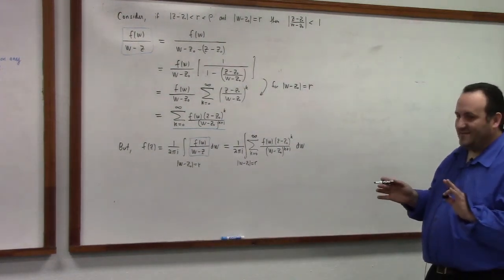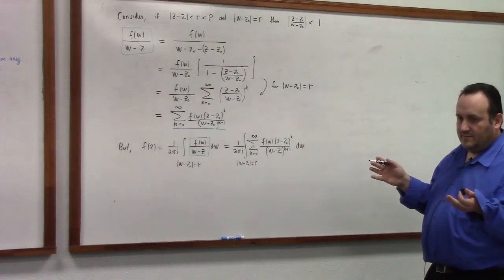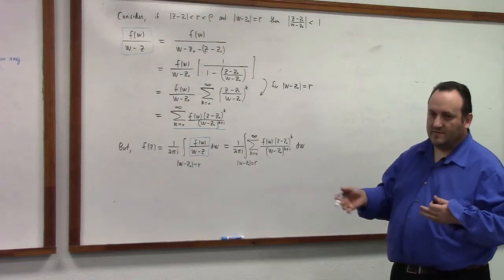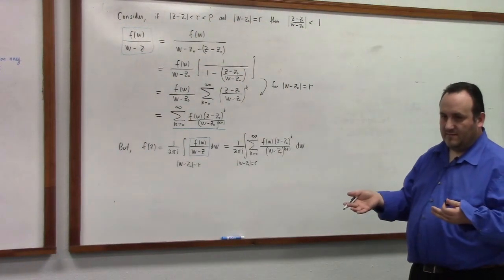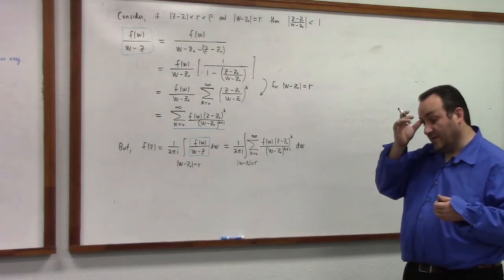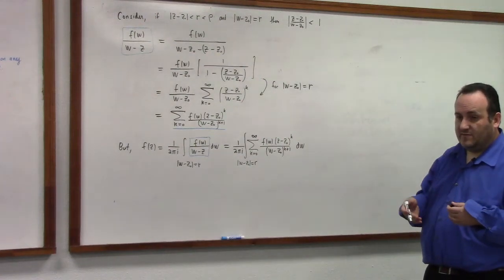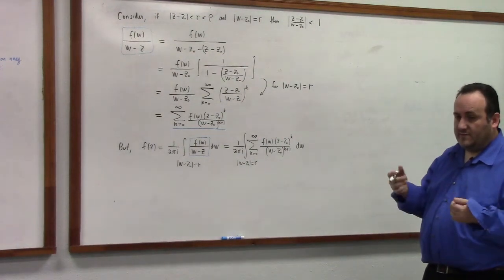Now think about this. If we assume that this series of functions is uniformly convergent, then we can exchange the order of integration and summation. That was one of the theorems for a uniformly convergent series. The integral of the series is the series of the integrals.